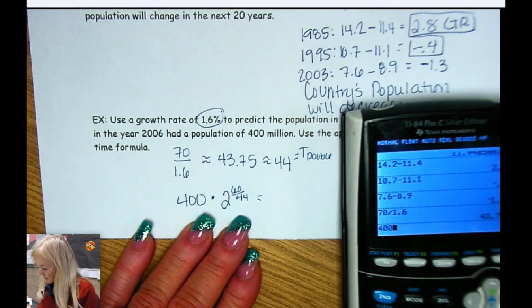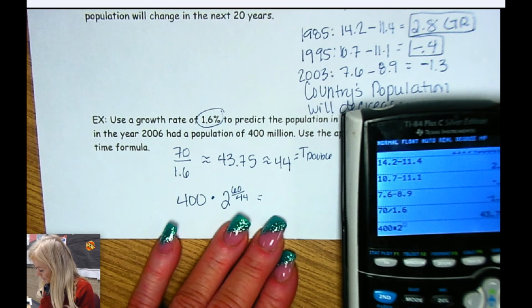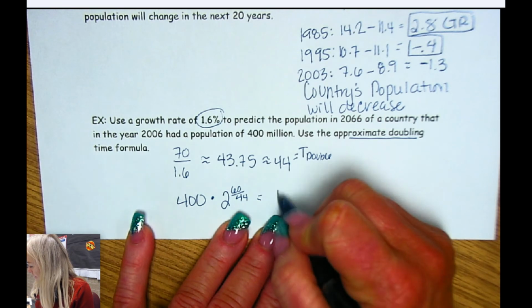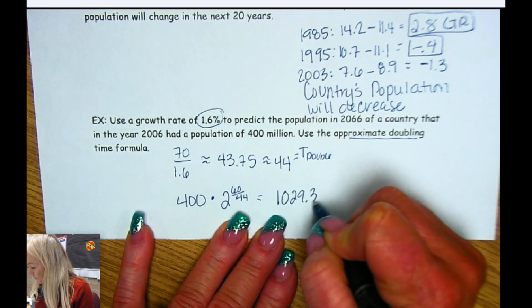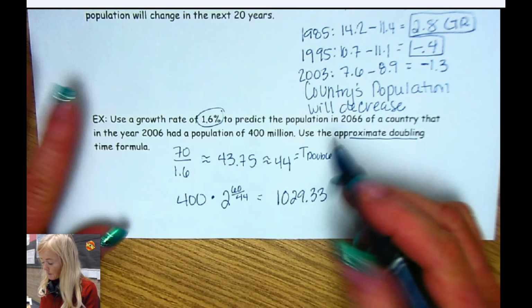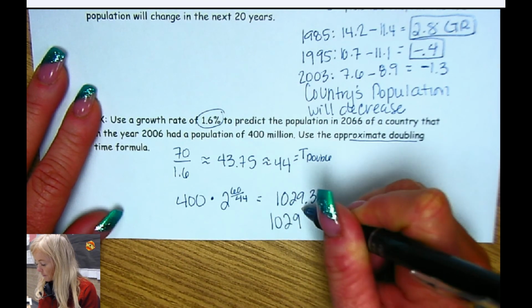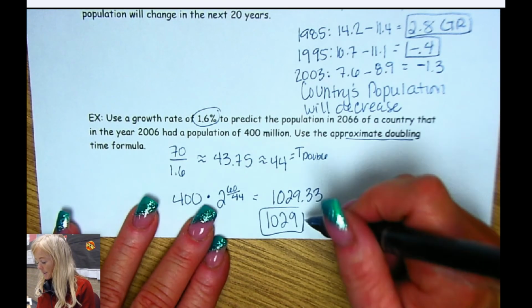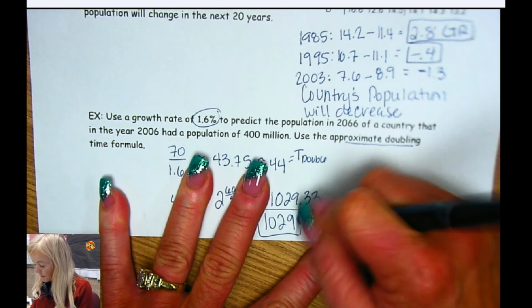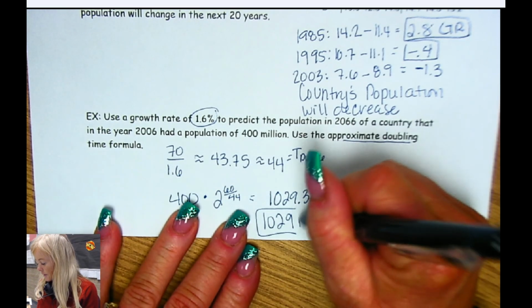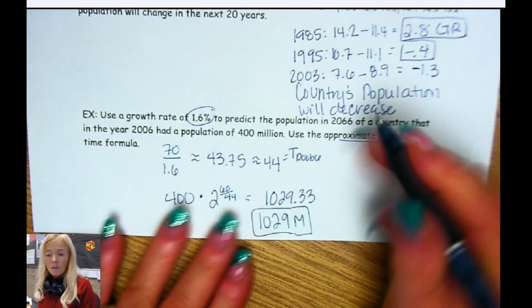So 400 times 2 to 60 divided by 44 is 1,029.33. So we'll just round it to 1,029 will be the population. And that's in millions. I probably ought to write an M there.